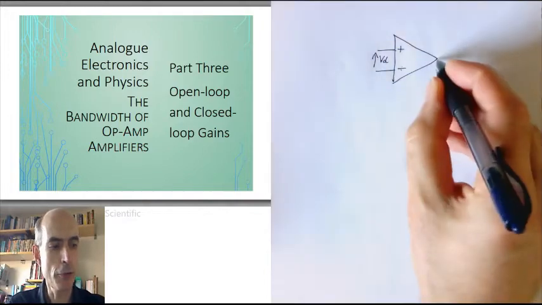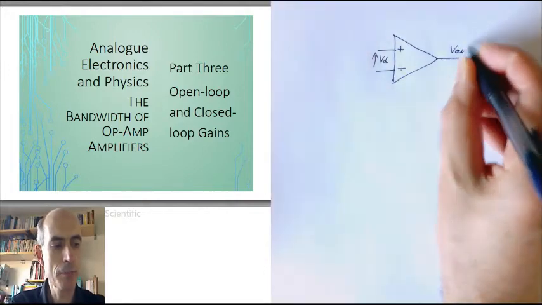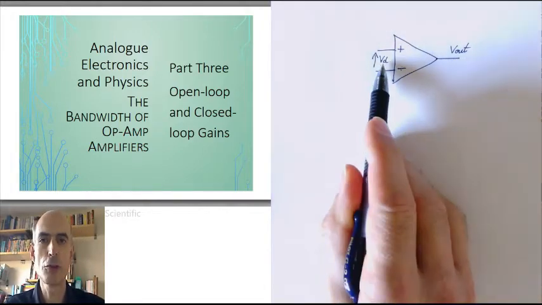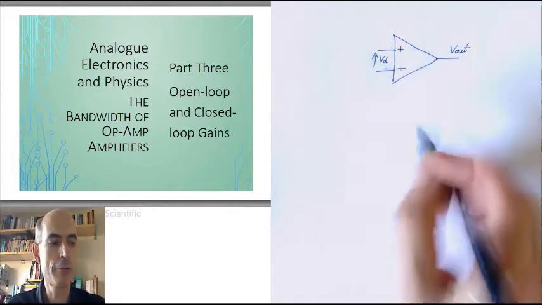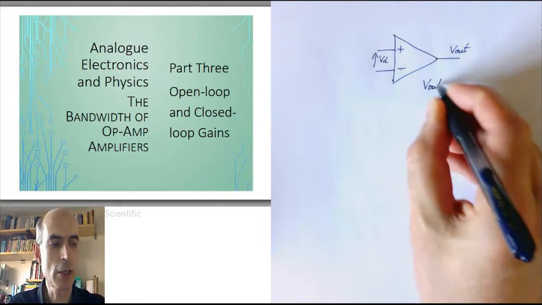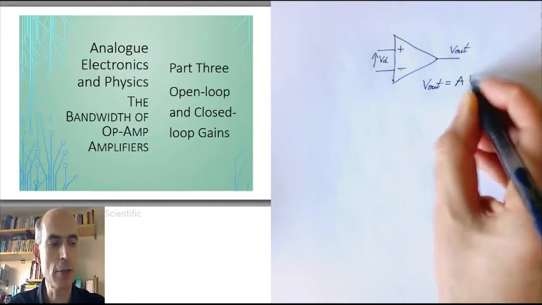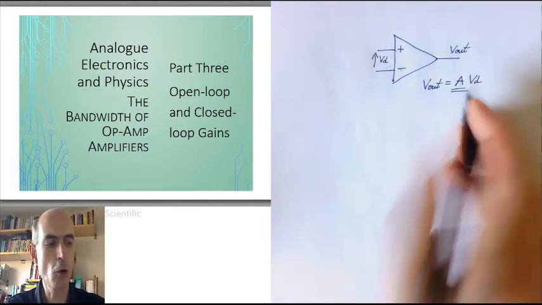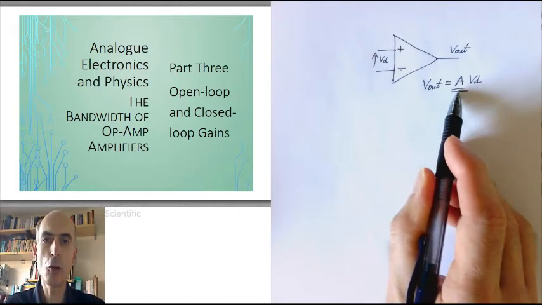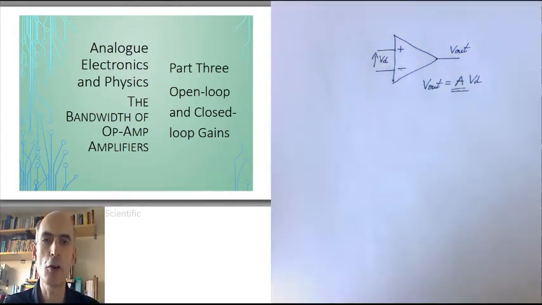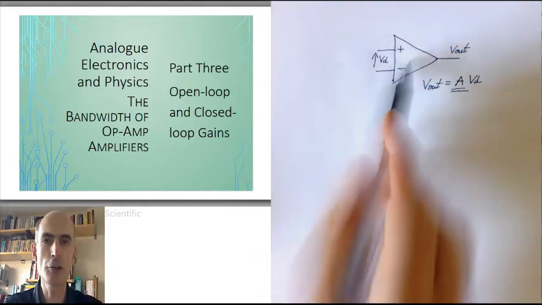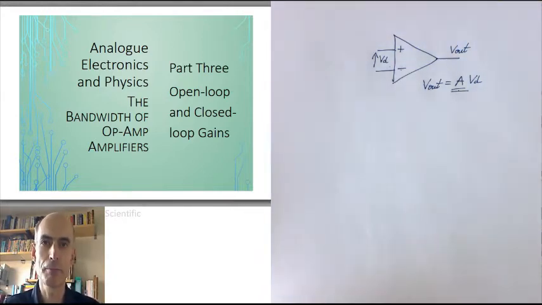The output of the op-amp, Vout, is proportional to the difference between these two input voltages, VD. Vout equals A times VD. That is the open loop gain. It's not a function of any of the other components around the op-amp. It's purely a function of the op-amp itself.